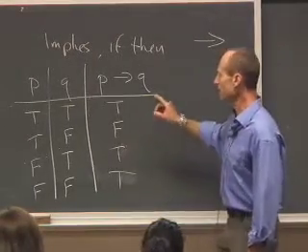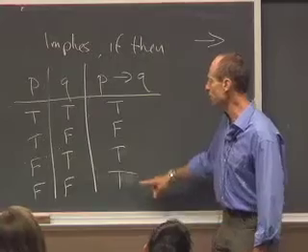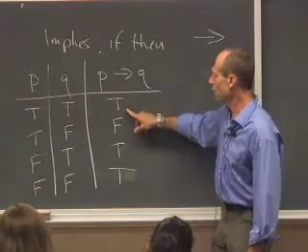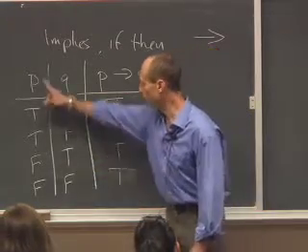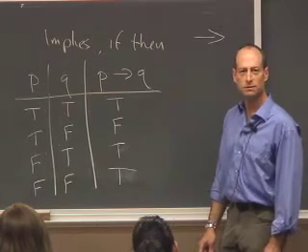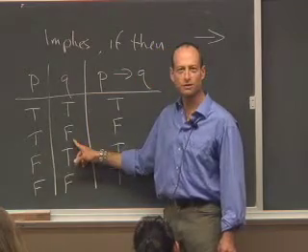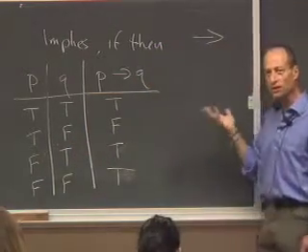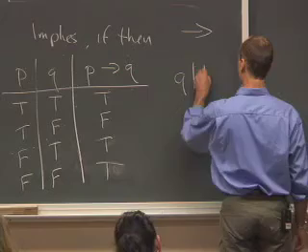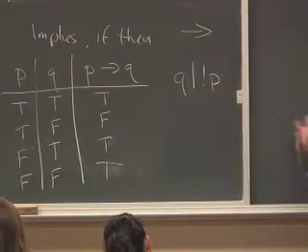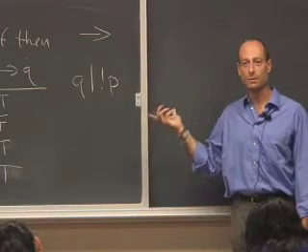This is, in fact, logically equivalent to what? This is true whenever Q is true, and it's also true whenever P is false. The only time it isn't true is if P is true and Q is false. So this is actually logically equivalent to Q or not P. What does it mean for two propositions to be logically equivalent? It means that they take exactly the same truth values under the same circumstances.